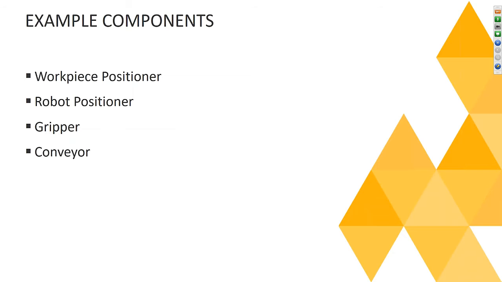We're going to model a couple of example components which are mostly related to robotics, and also a conveyor, which may or may not be related to robotics. We won't be creating any advanced logic in this webinar. That can be addressed later. We're going to learn the very basics of component modeling.